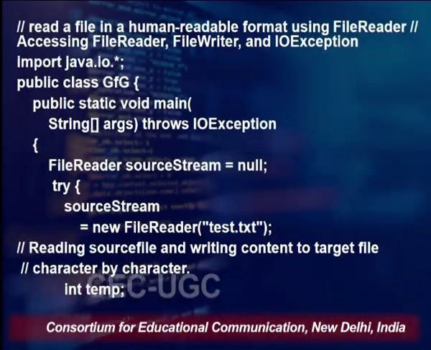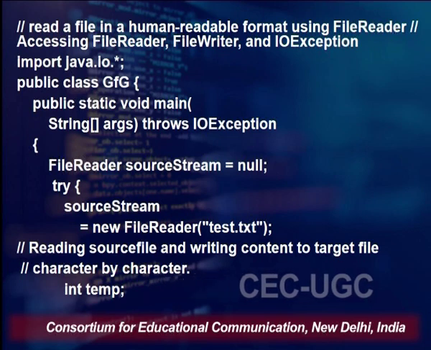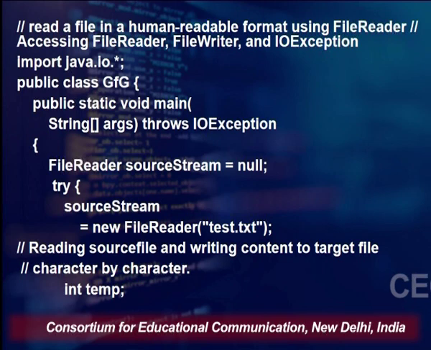And then within the try block, we have written sourceStream = new FileReader("test.txt"). As we did in our previous program, here also we create a source stream before the try block, and now we are assigning a stream which is connecting this variable to test.txt.